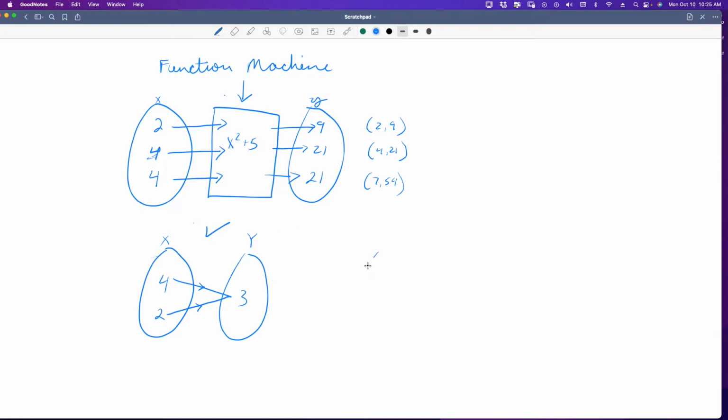It is not possible, if this is x and this is y, to have the same values of x give you multiple values of y. It's just not possible. When you put 4 in here, it doesn't give you a different number over here, right?